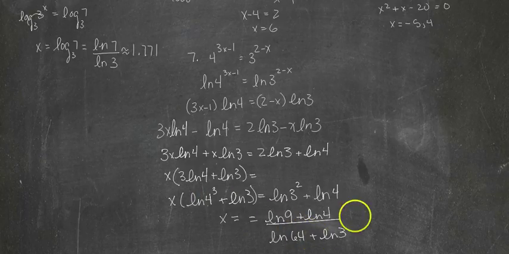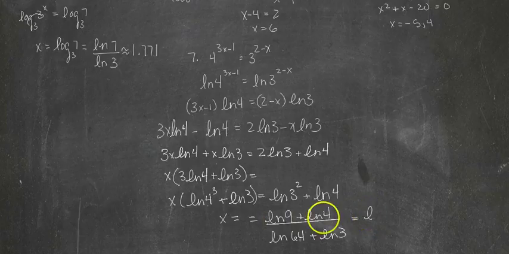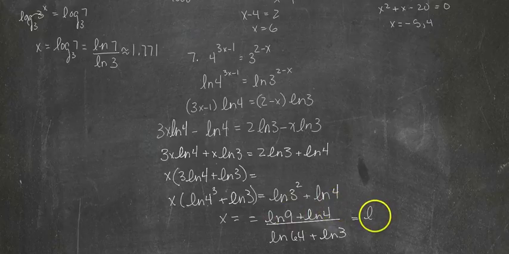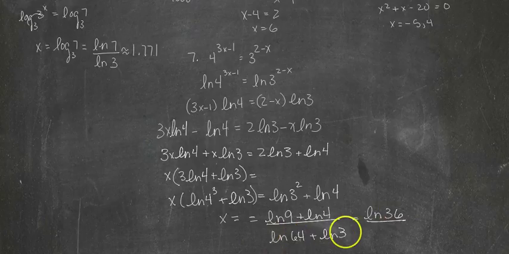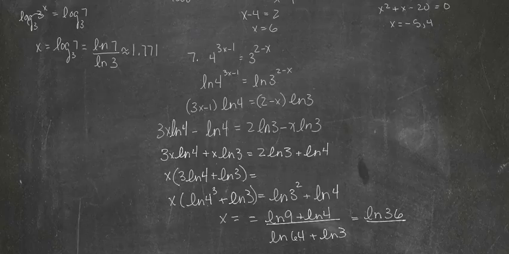And I think before I even try to put it in my calculator, I'm going to use another property. I'm going to condense this, so my numerator becomes the natural log of 9 times 4, so the natural log of 36, divided by the natural log of 64 times 3. Yikes! 60 times 3 is 180, and 4 times 3 is 12, so 192.